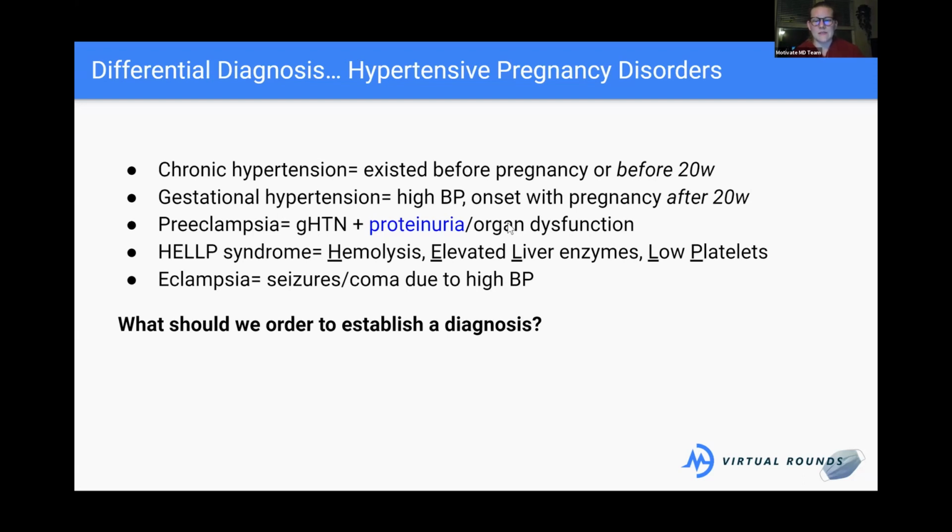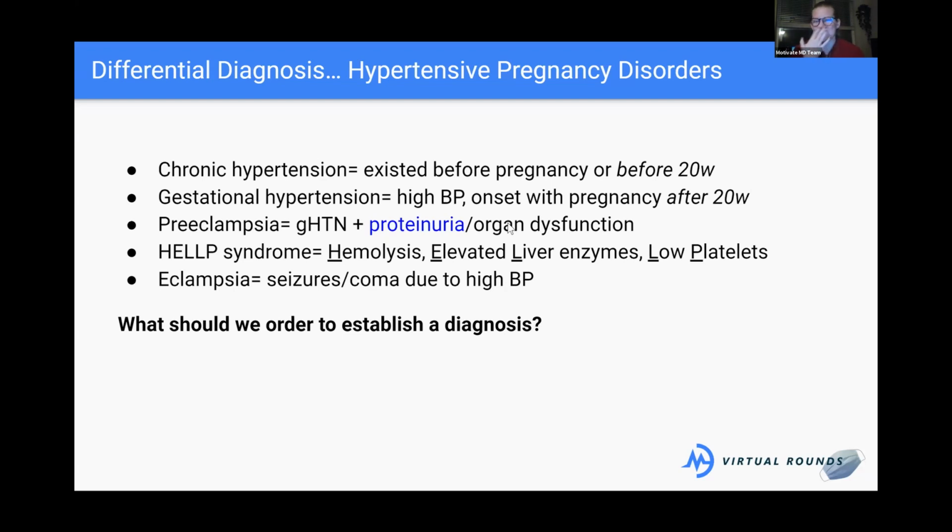What other organ system would we want to look at? Specifically for HELLP syndrome, we've hit on the H and the LP, but what's the EL in there? Perfect. Thank you, Kathy.